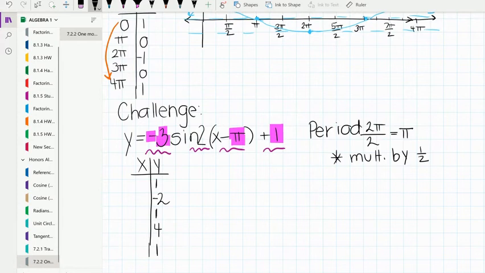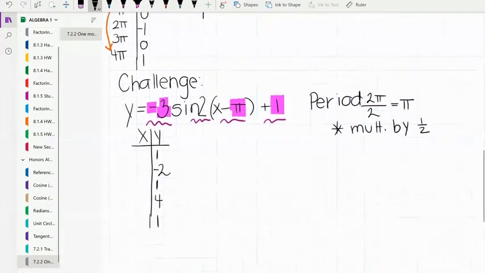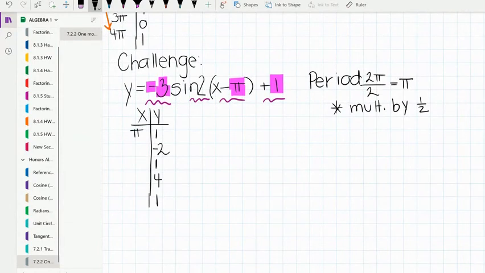So we multiply 0 by 1/2, we get 0, and then we add pi, and we get pi. All right, we multiply pi over 2 by 1/2, we get pi over 4, plus pi would be 5 pi over 4. Next is pi.